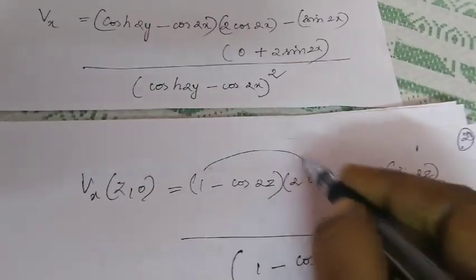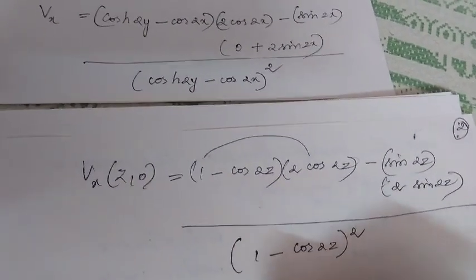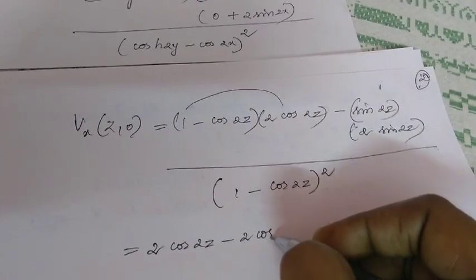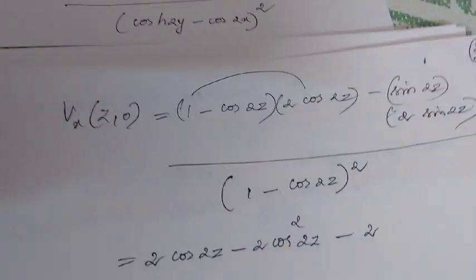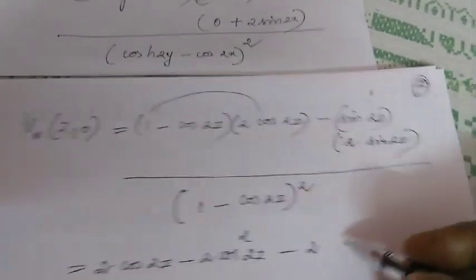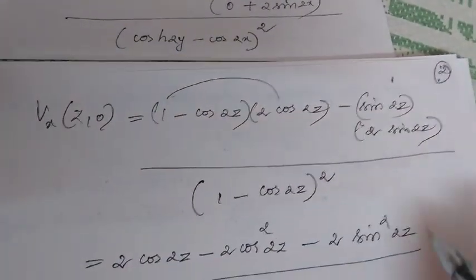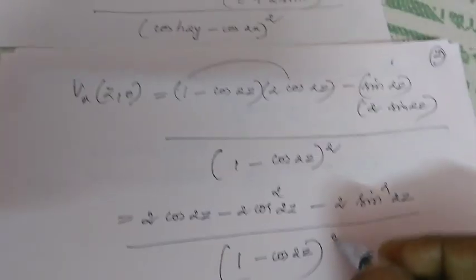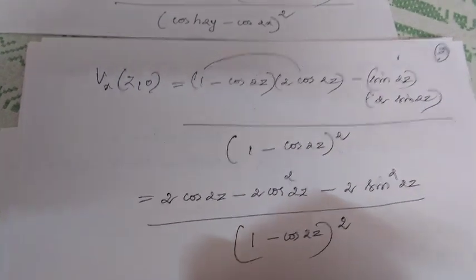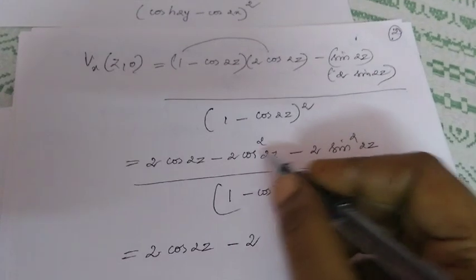Simplifying this, multiply this with this, we will get 2 cos 2z minus 2 cos square 2z minus 2 sin square 2z by 1 minus cos 2z whole square. So that's equal to 2 cos 2z minus 2, you take 2 common from both.